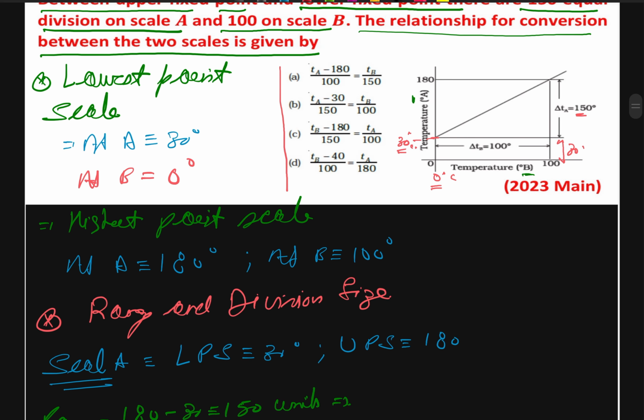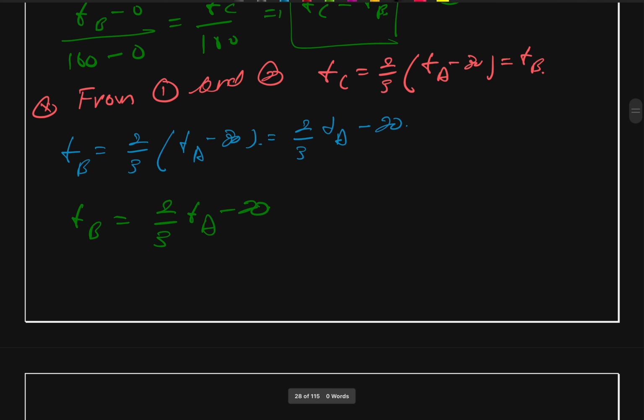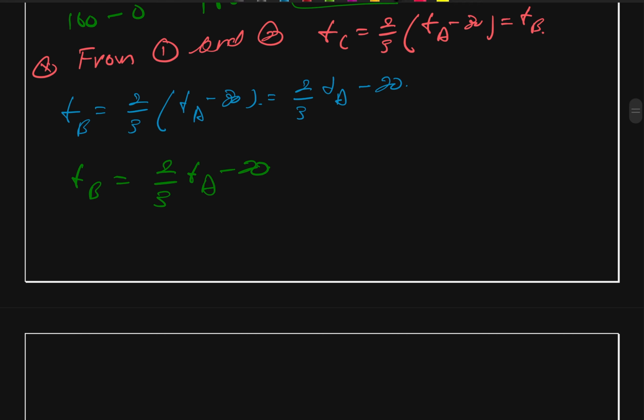So we have this will be twice TA minus 60 upon 3. Okay. And this is our TB.